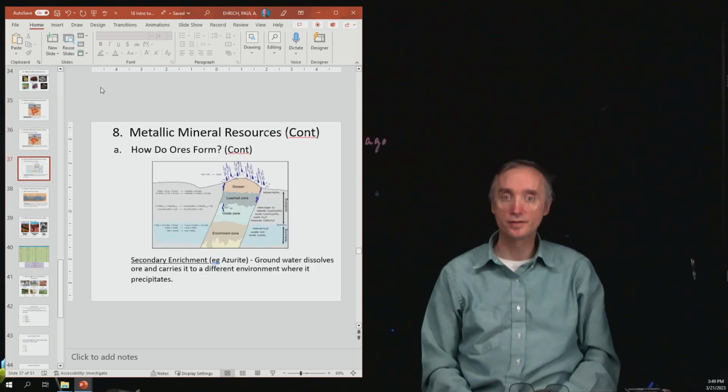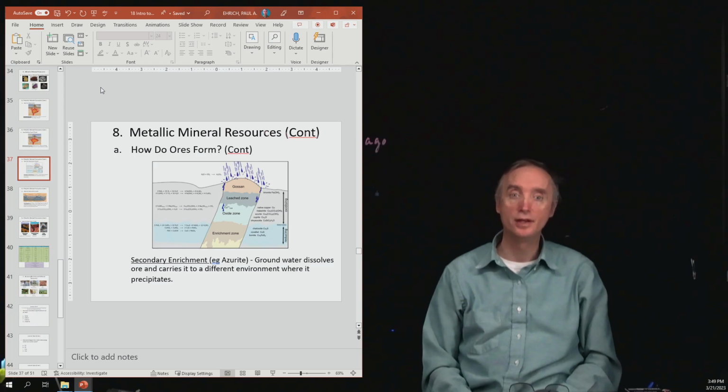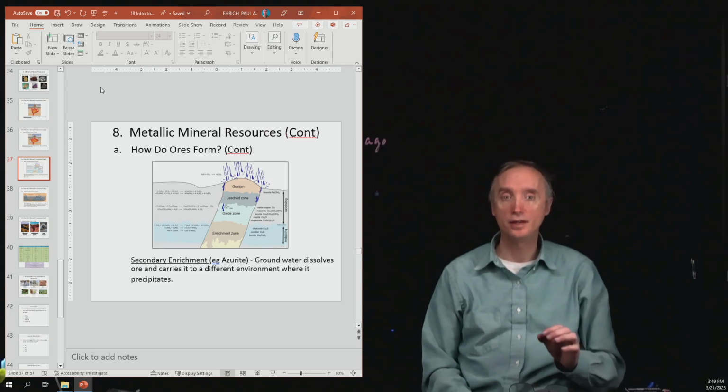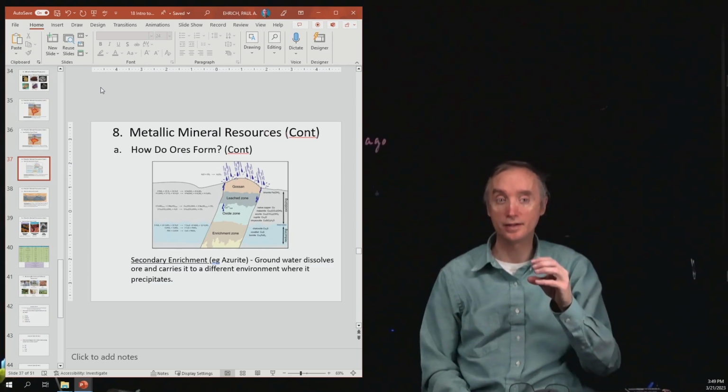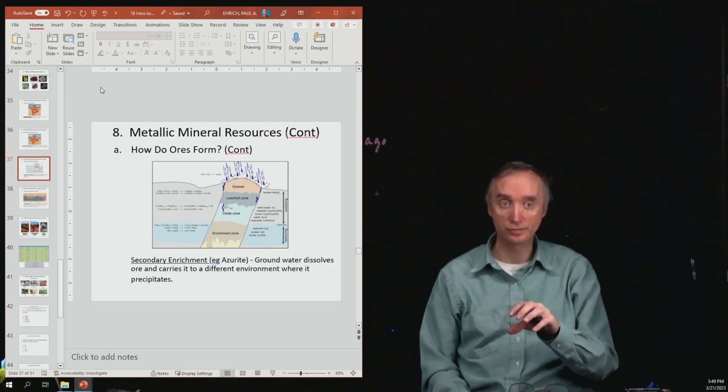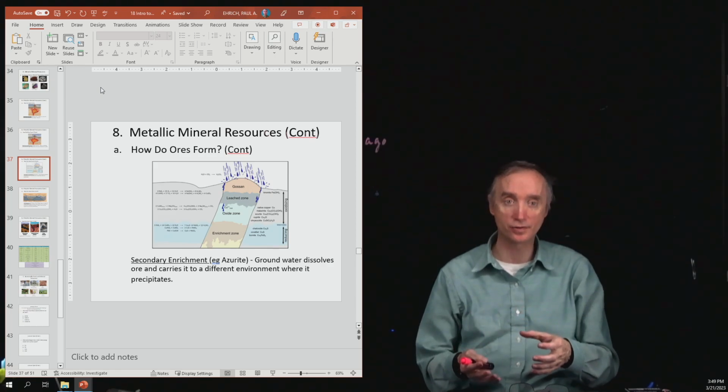Okay, another one is going to be called secondary enrichment, which is very similar to hydrothermal. So in this case, what's going to happen is the groundwater is going to dissolve a particular ore that was already established. So the ore was already concentrated.